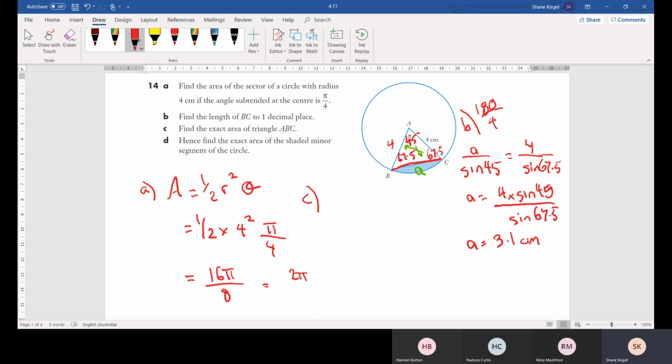Okay, so finding the exact area of triangle ABC. Circle. Okay, so just give me 2 seconds.